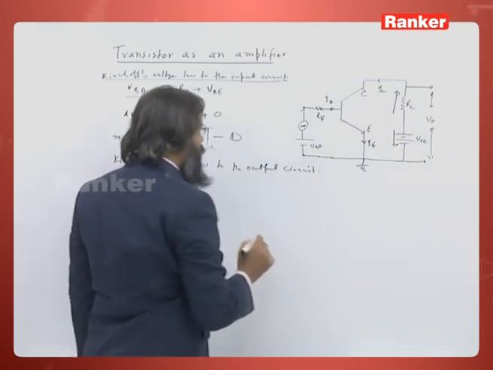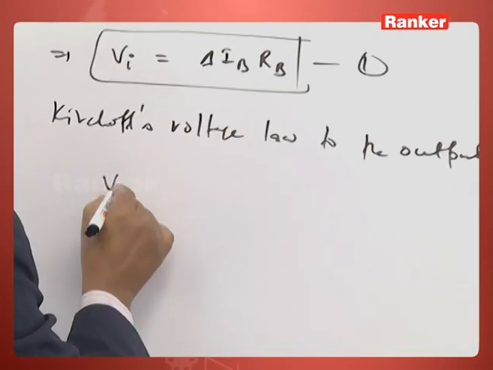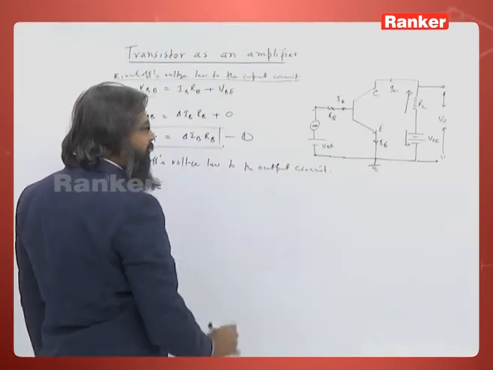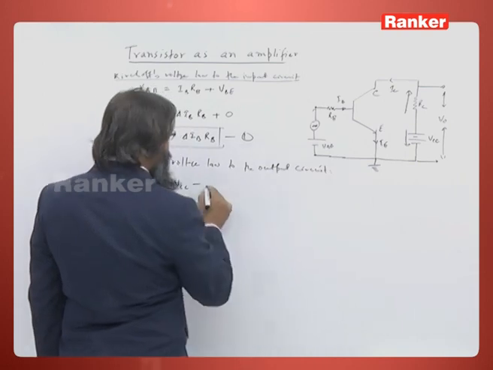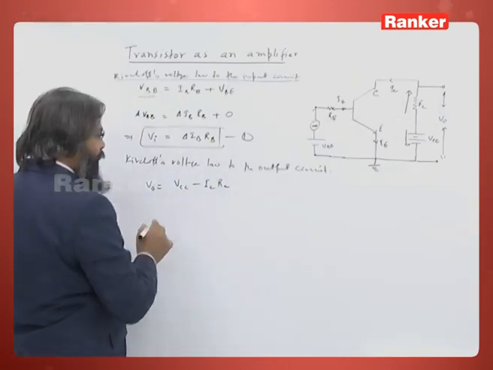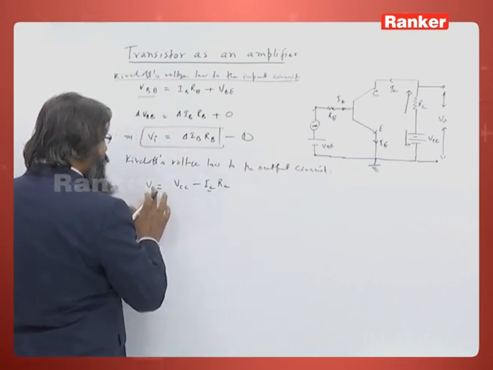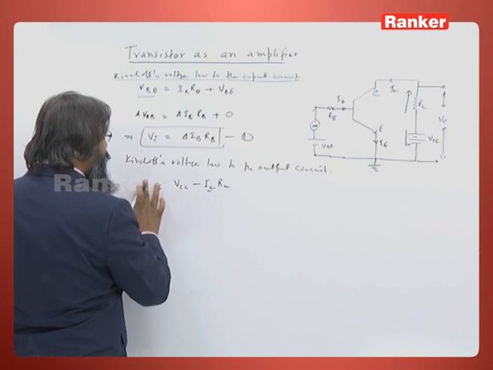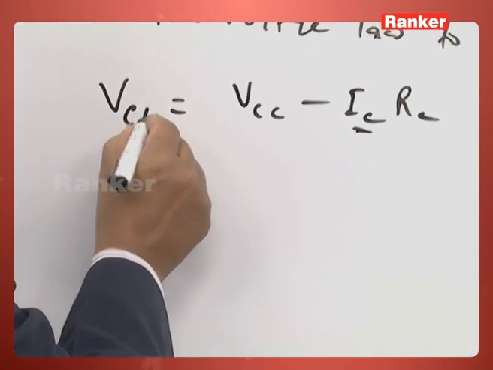So V naught, we can write as VCC minus IC RC. Let us write this as VCE.